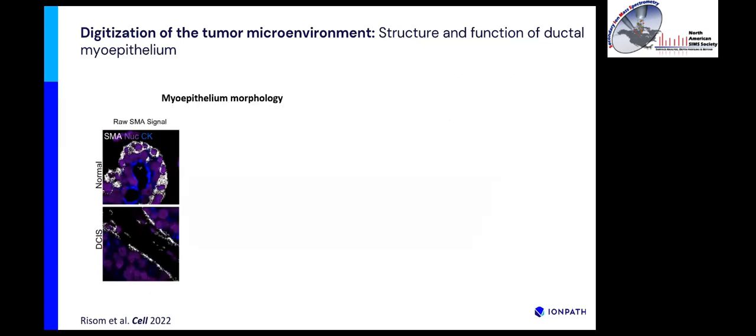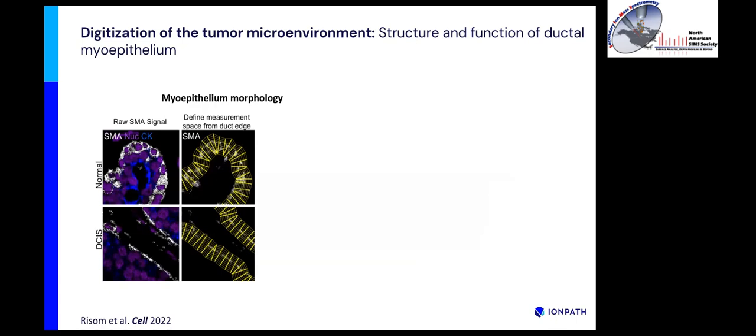And so to digitize this image, not just in terms of the cell types, which has been done previously, but also to understand the morphology of those high level tissue structures. For example, the myoepithelium, you can see that here we've got the raw signal from the MIBI image.